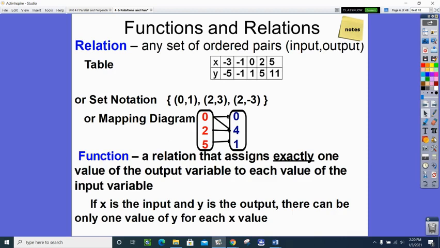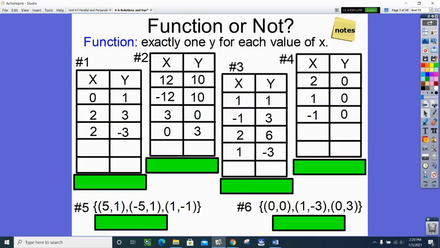And if we look at this mapping diagram, you can see that this 0 is an input. It goes in and comes out as a 0, but then it goes in and it comes out as a 4. Because there are 2 y's for this x, this is not a function. Okay, so that's kind of what we're talking about today.